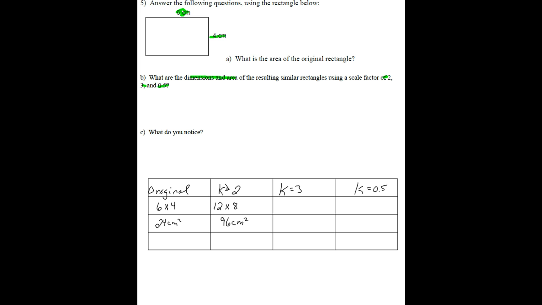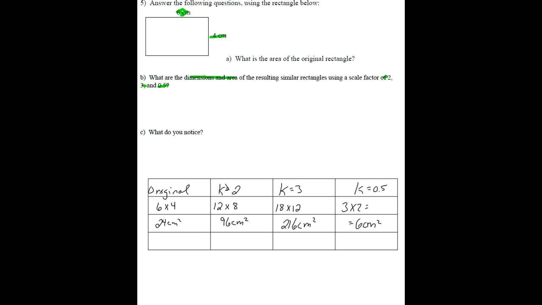Scale factor of 3, it's 3 times the original sides, so 18 by 12. I'll do the area calculation in a second. And then the scale factor of a half, these sides are now half, so 3 by 2. That's straightforward, 6 centimeters squared. Okay, and the scale factor 3 area is 216 centimeters squared.